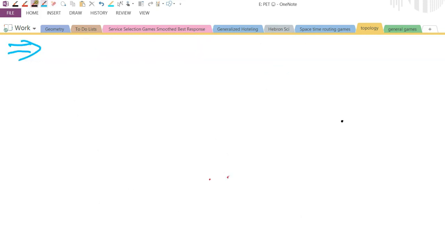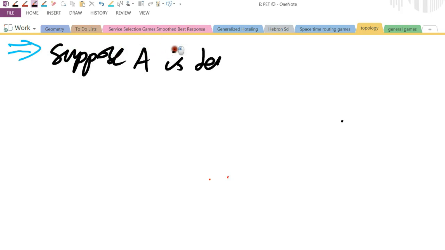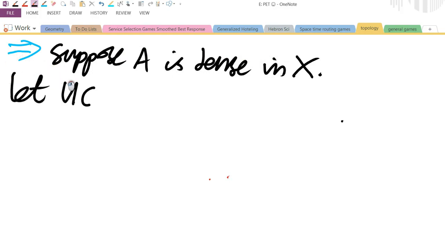Okay, so let's try and prove the converse result. So suppose now that A is dense in X. What we're going to do now is think about an open set. So let U be a non-empty open set.